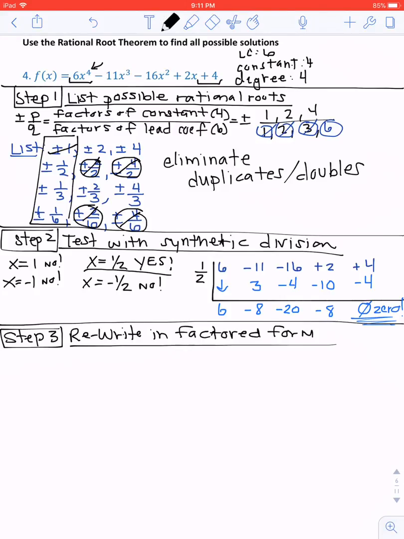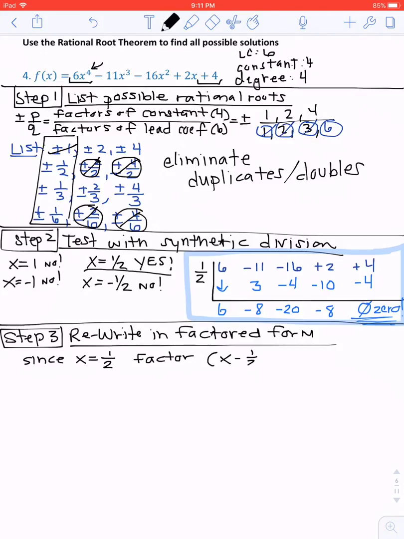Okay, so using what we just found, so using this 0 information, what does it tell us? So since we found that the x value of 1/2 worked, what factor does it tell us we have?